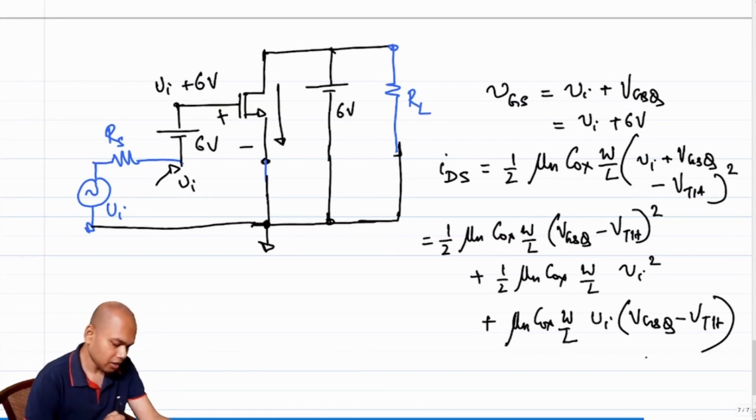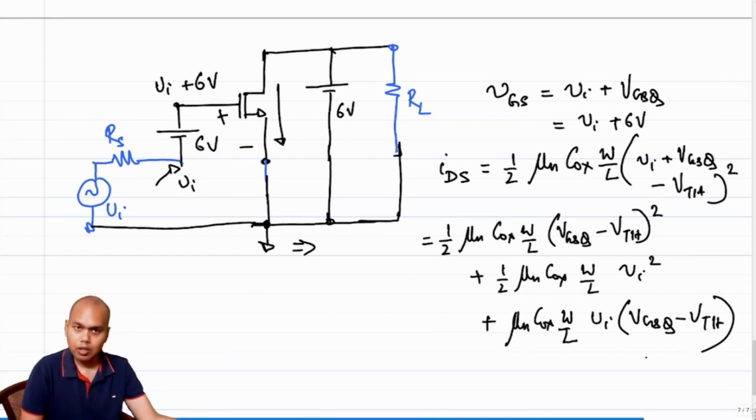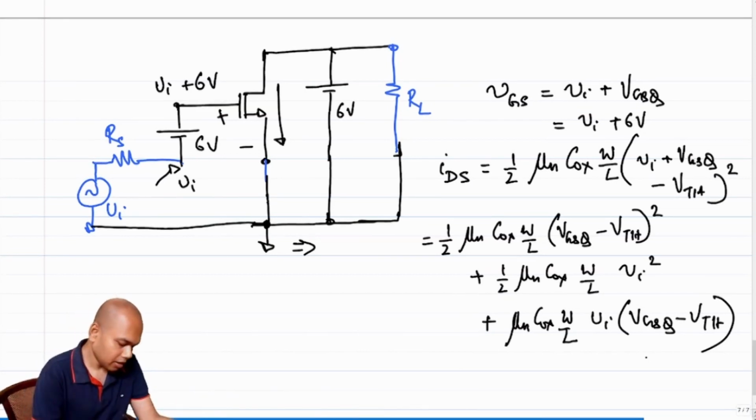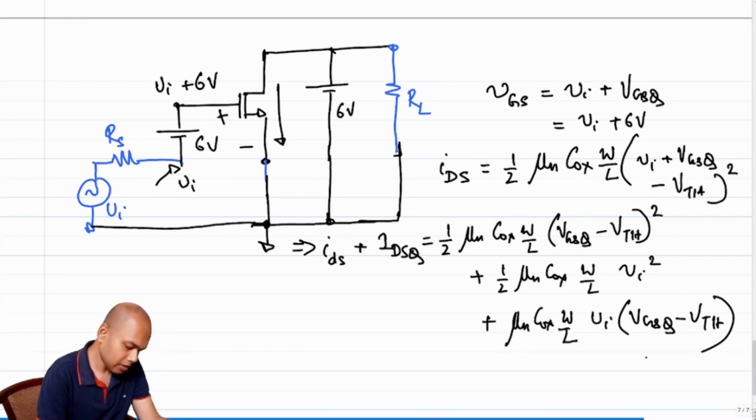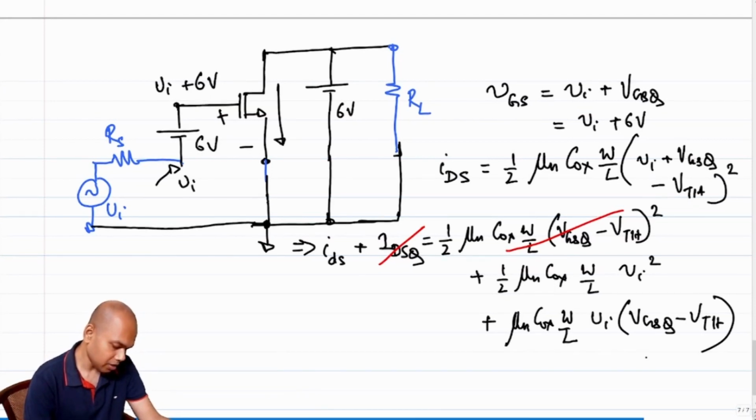Note that the total IDS is equal to, what is total? Total is incremental plus quiescent, correct? So that is small IDS plus quiescent, correct? And same as before, we'll see that this quiescent cancels off. We get what remains.